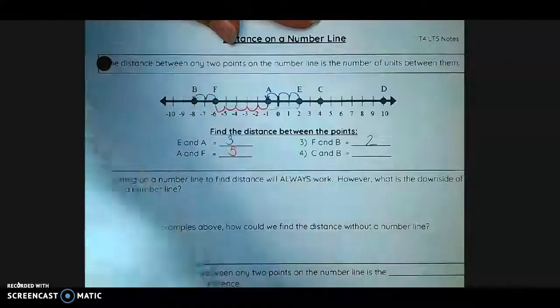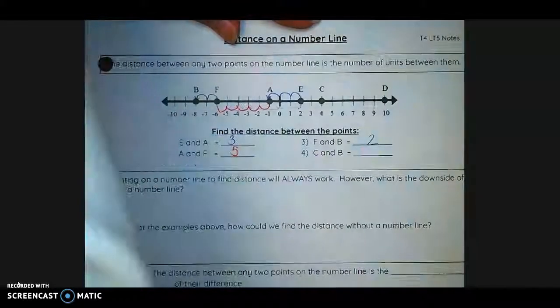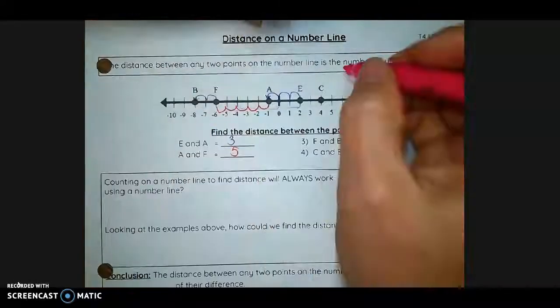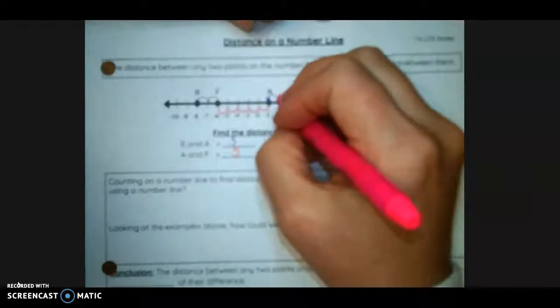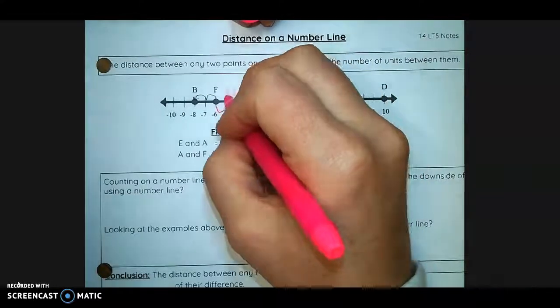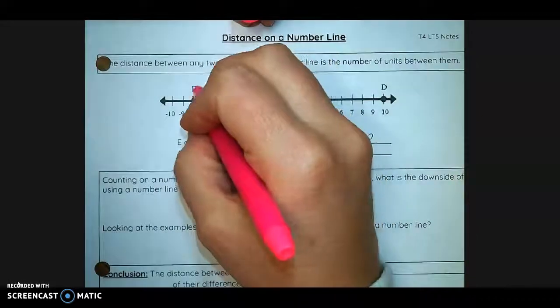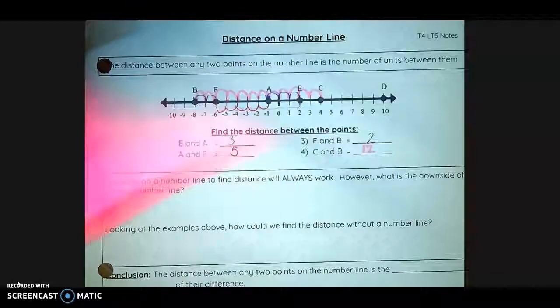And then it asks about from C to B, and I've got 1, 2, 3, 4, 5, 6, 7, 8, 9, 10, 11, 12. 12 steps between those 2 points.